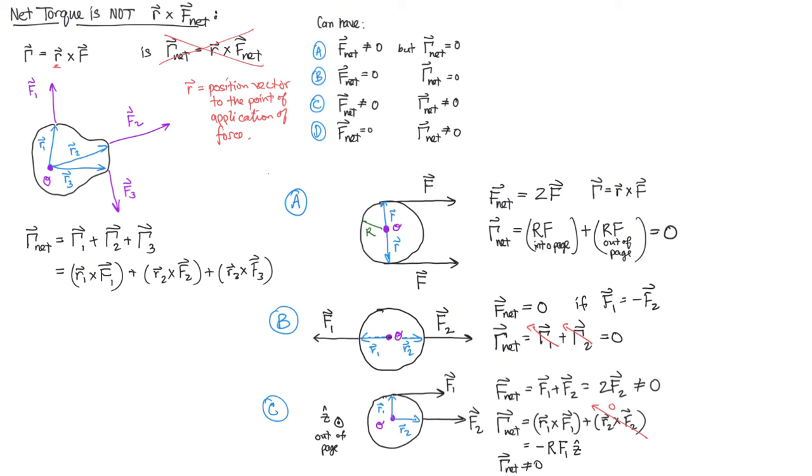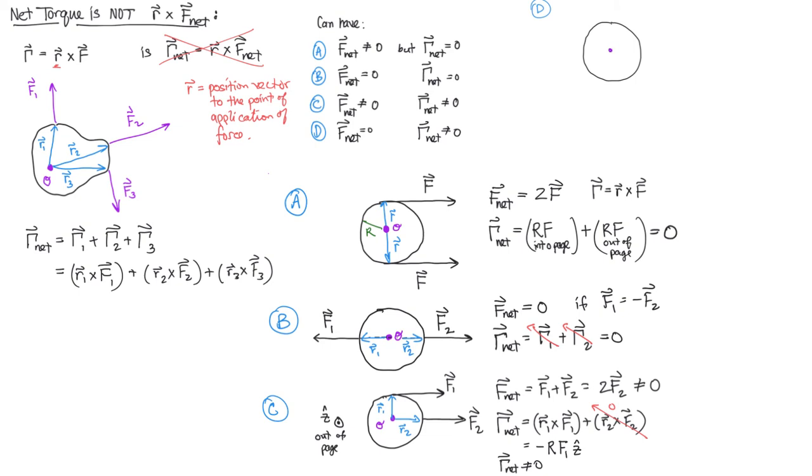Okay. So we have one remaining case, and that one remaining case I'll draw up here at the top right. We'll call that D. And for part D, we want a 0 net force, but a non-zero net torque. So again, you know the drill.